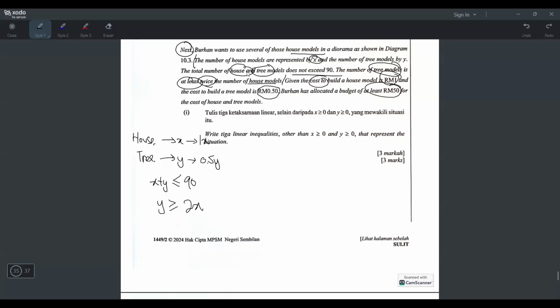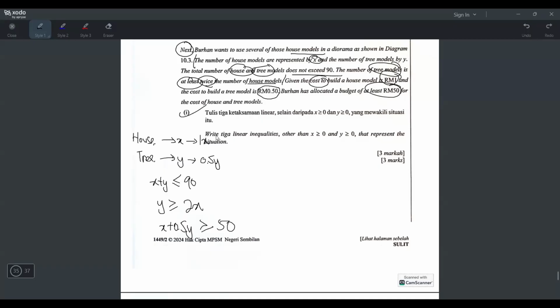So X plus 0.5Y should be at least, meaning bigger or equal, because at least means minimum. So it's either 50 or more than 50, bigger or equals 50. I think that's all.